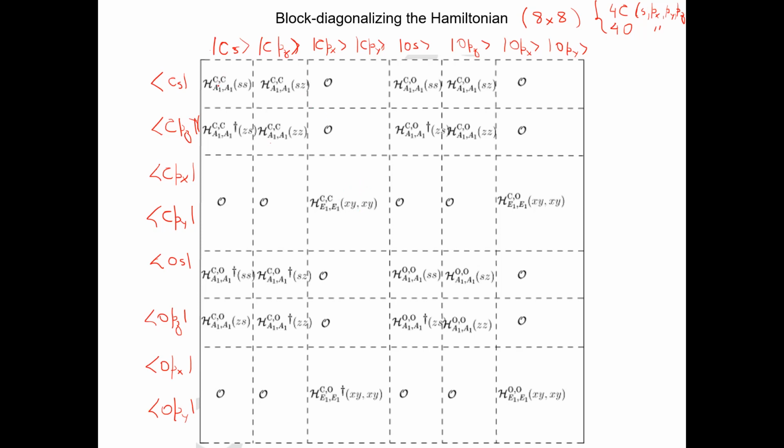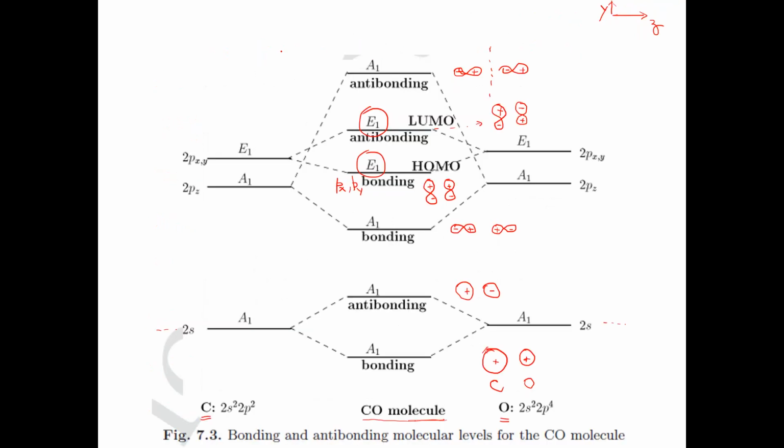But you can see in this block here, I group S and Pz orbitals. And why do I do that? I do that because I know that S orbitals, I will make linear combinations of them in the molecule to make molecular states with the A1 symmetry, and the same happens for Pz orbitals. Okay, so I know beforehand that S and Pz will actually mix, they will hybridize when I solve the Schrödinger equation.